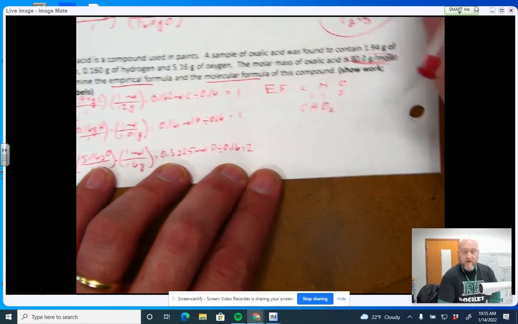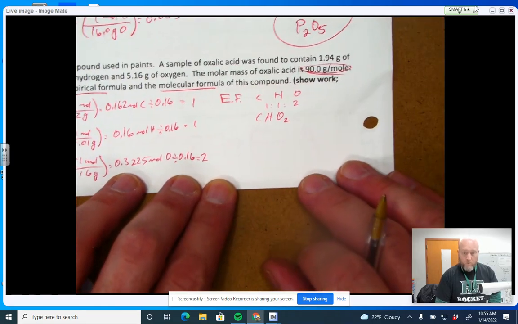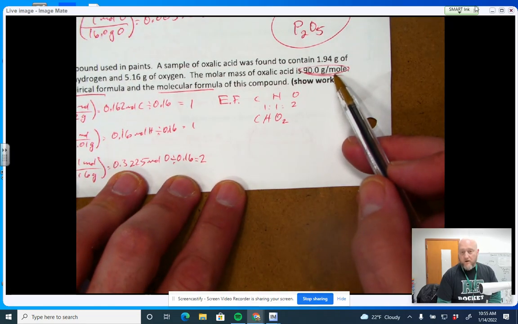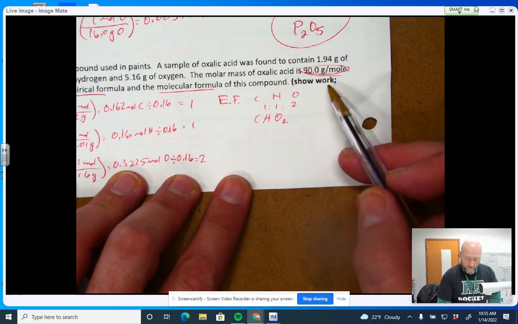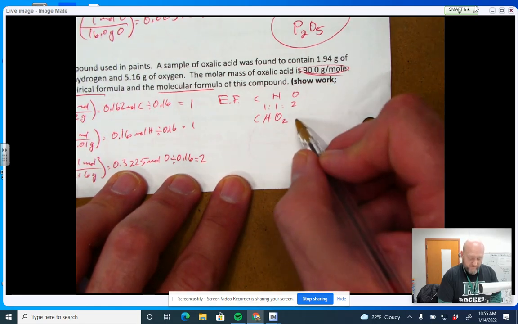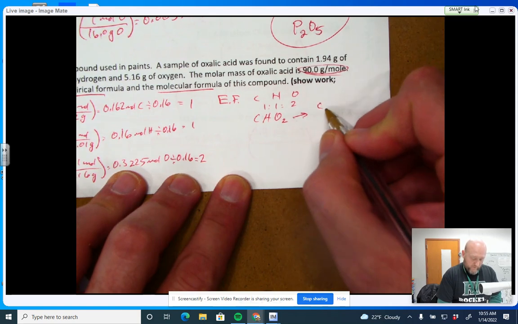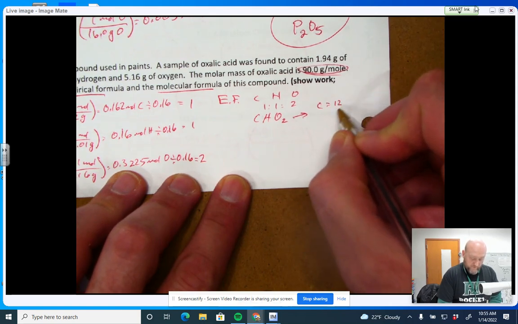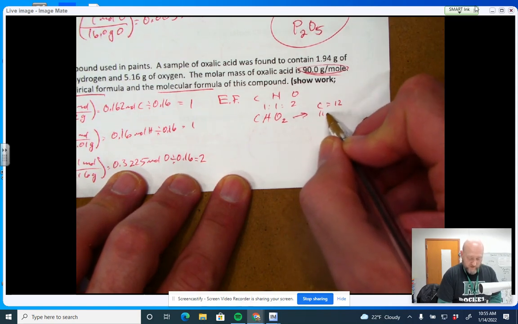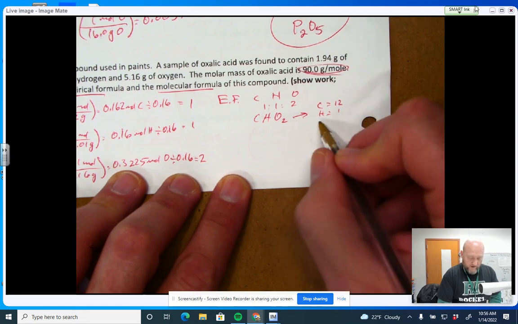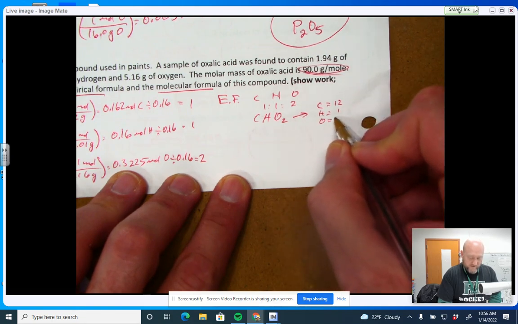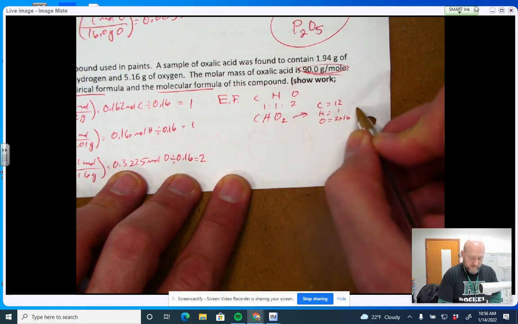Now, in order to find our molecular formula, we need to go back to what we found from our molar mass up here. So let's find the molar mass of our empirical formula. We know we have 1 carbon, which is mass of about 12, 1 hydrogen, its mass is 1, and 2 oxygen, which is 16, 2 times 16.